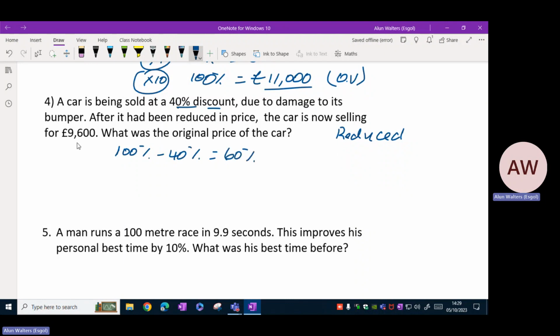So the value you see for the car now is actually worth 60% of the original value. So you go and say 60% of the original value is actually worth 9,600.